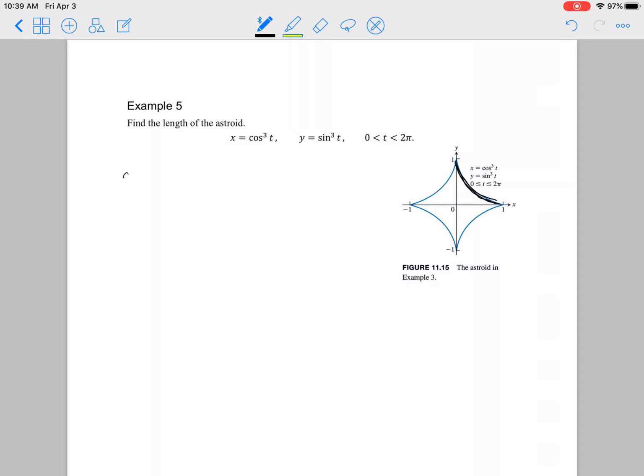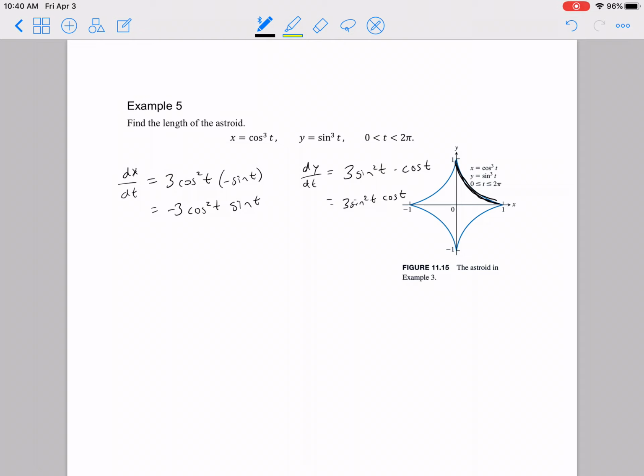So let's start with dx/dt, and that's going to be 3 cosine squared t, that's our chain rule, bringing it up front, and then times the derivative of what's on the inside. The derivative of cosine is negative sine of t, so this will give us negative 3 cosine squared t sine t. And then dy/dt, we do the same thing, we get 3 sine squared of t times the derivative of sine, which is cosine of t, and so that'll give us 3 sine squared t cosine of t.